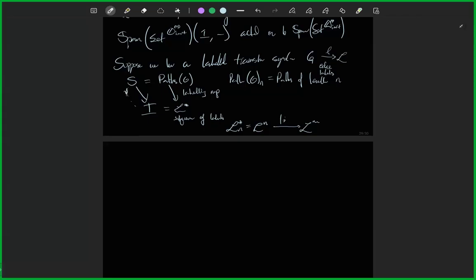So we start with, for example, a sequence of labels W, and then over it we get the set of all paths labeled by W. And that is the appropriate notion of trace of such a system, or behavior of such a system.